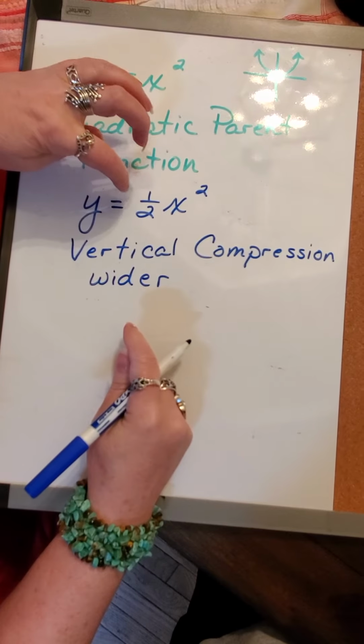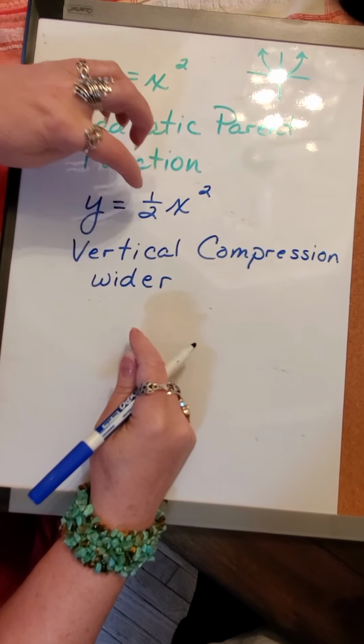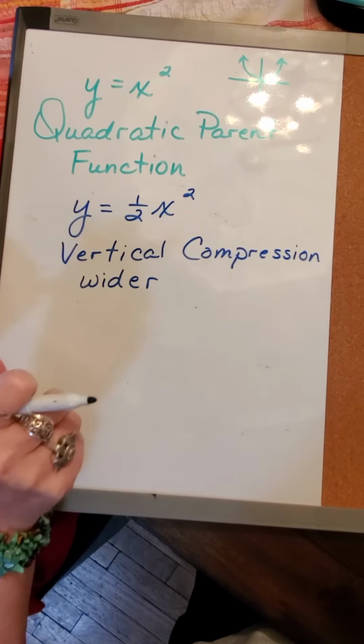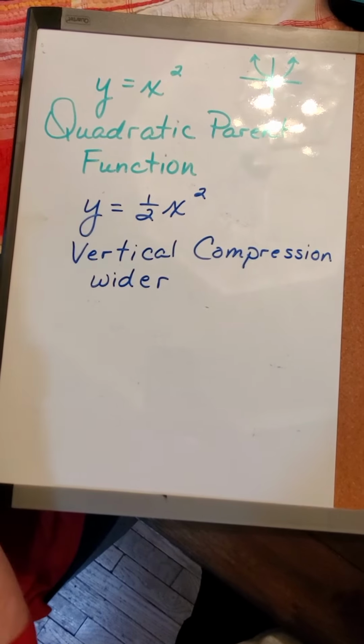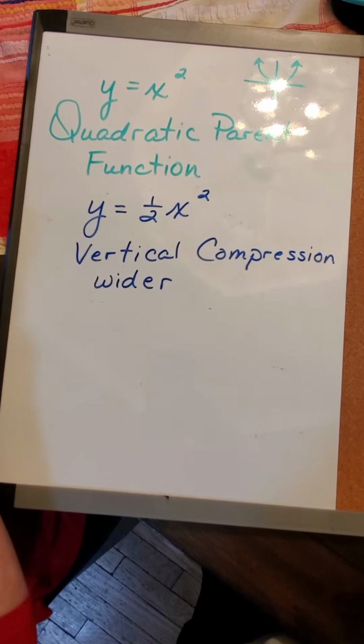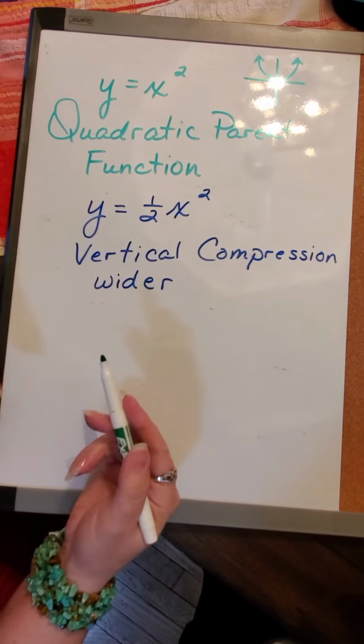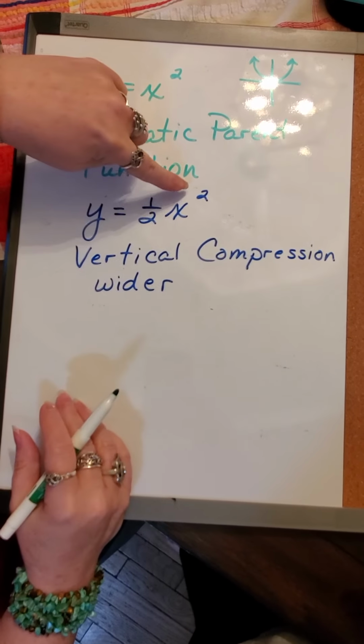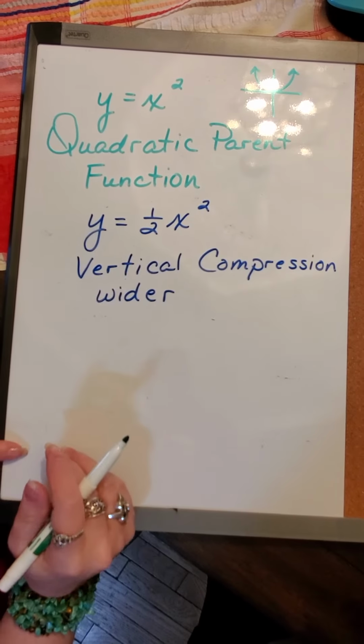So if you have a number between 0 and 1, you're going to have a vertical compression. Now all of these are still quadratic, and we know that because x is raised to the second power.